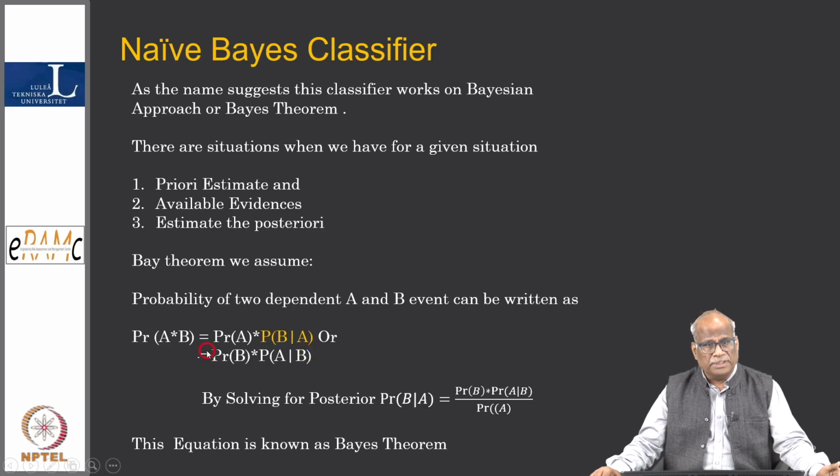At the same time, the same thing can be written as the probability of B times the probability of A given B. If we solve this for the probability of B given A, it is equal to the probability of B times the probability of A given B, divided by the probability of A, because I am just reorganizing the terms here.